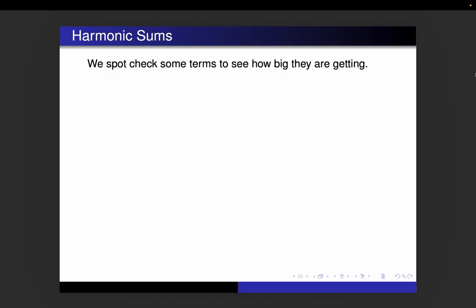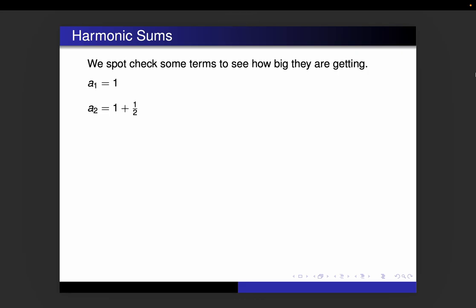So let's go ahead and try to look at some of the terms to see how big they're getting, to see if we can find some lower bounds to help us figure out that they are divergent. So our a_1 is just equal to 1. Not much we can do with that one. Our a_2 is 1 + 1/2.